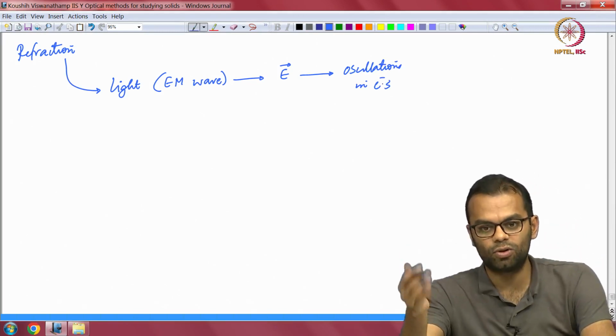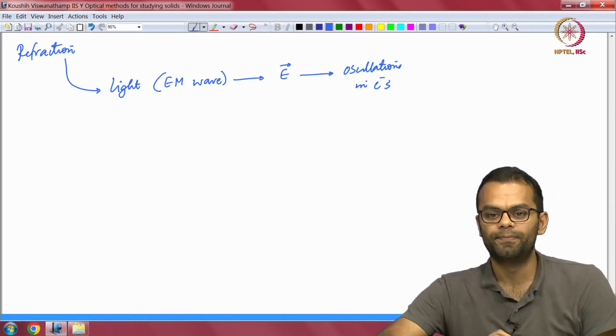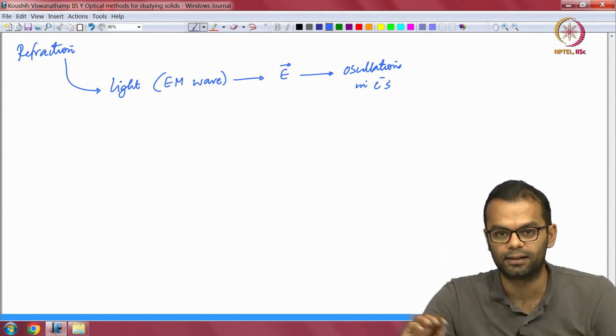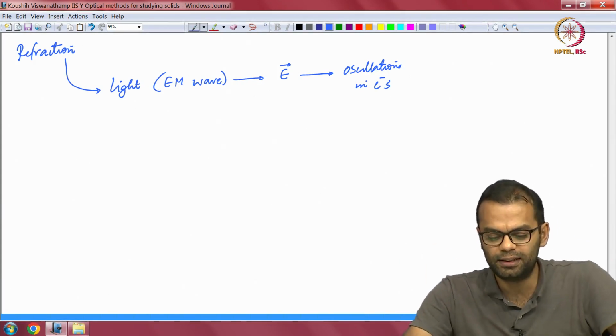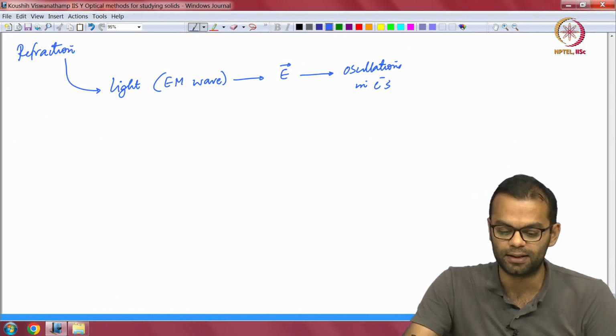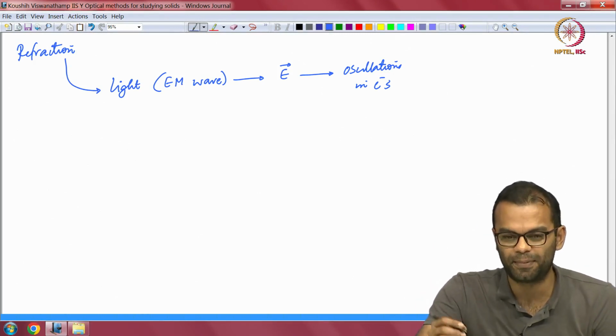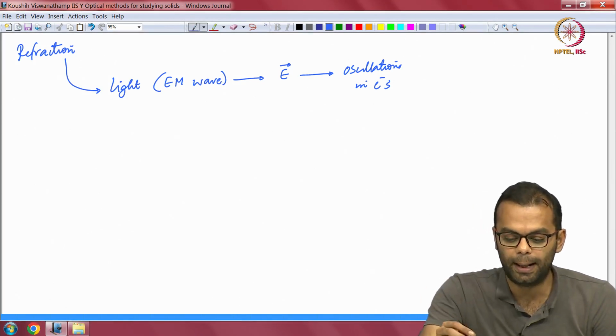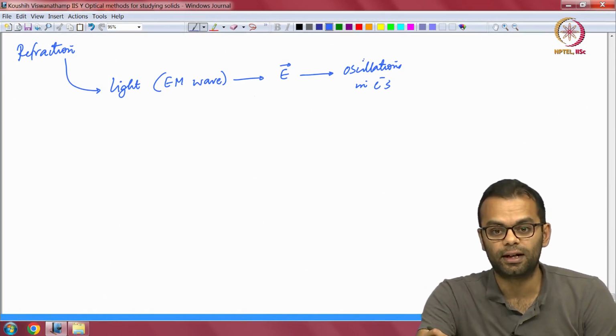Again, there are other means by which incident light can interact with atoms, there is inelastic scattering and so on, which we will not discuss, but for our practical purposes we will keep this fairly simple, perhaps a little bit oversimplified, but nonetheless it results in oscillations in the electrons.